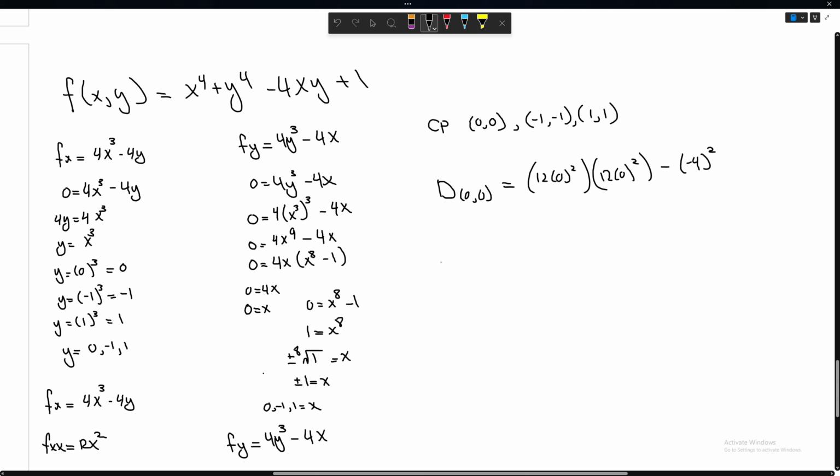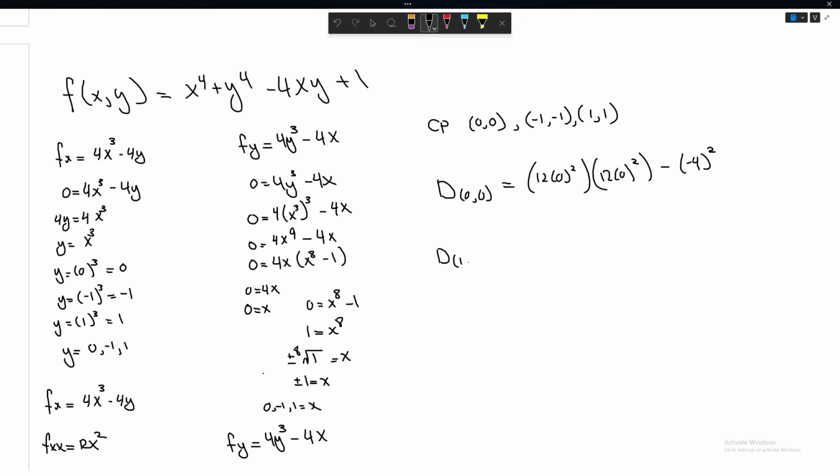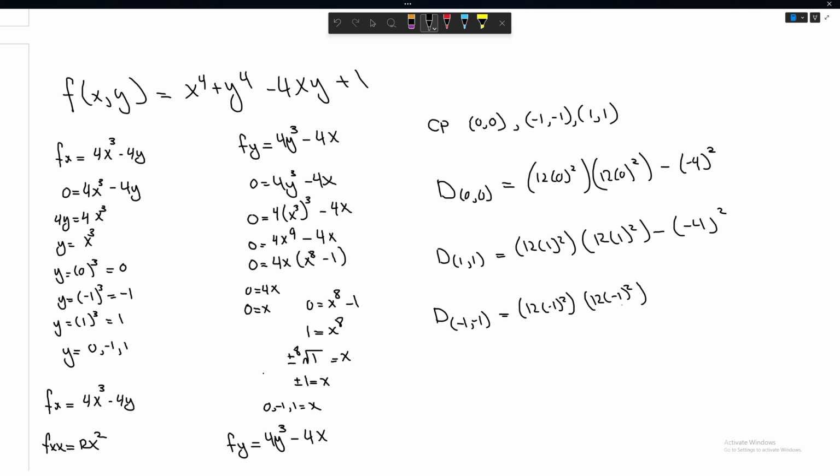Okay, so that's one. Let's write the second one. All right, so I'm just subbing stuff in. Nothing too crazy. And my D at -1 and -1, which equals 12, -1, 12, -1, and minus -4.